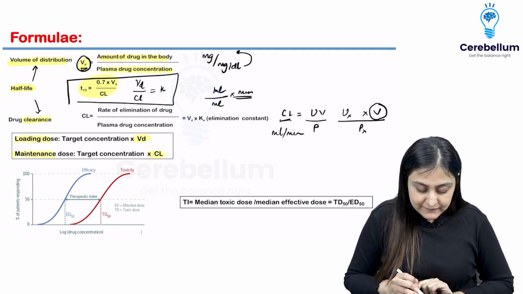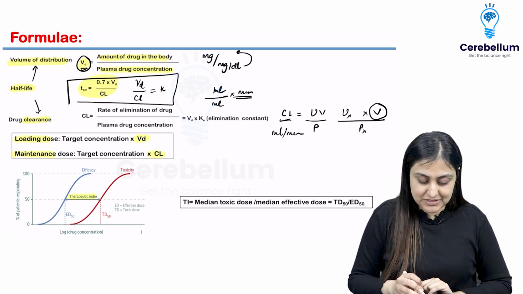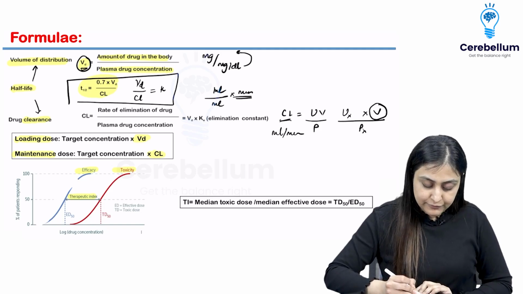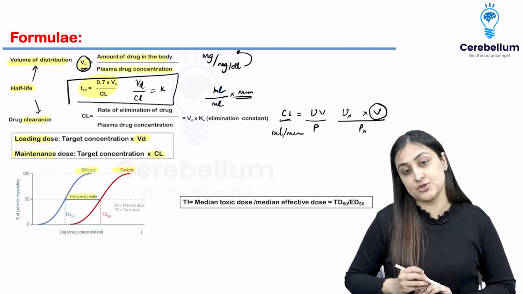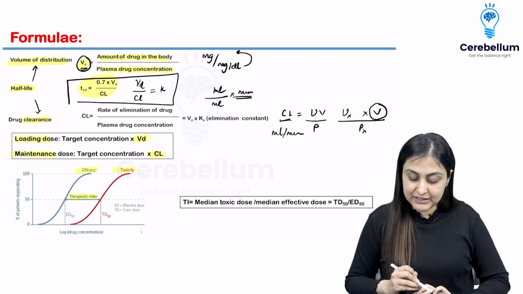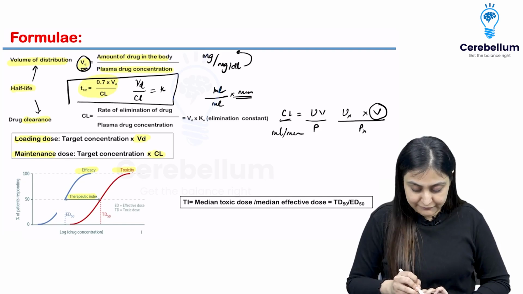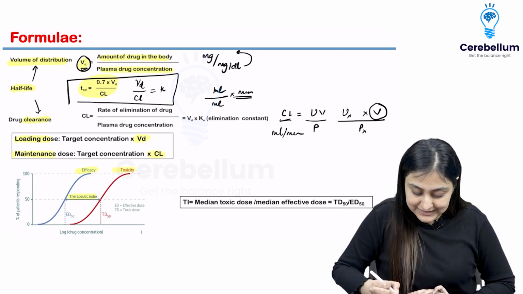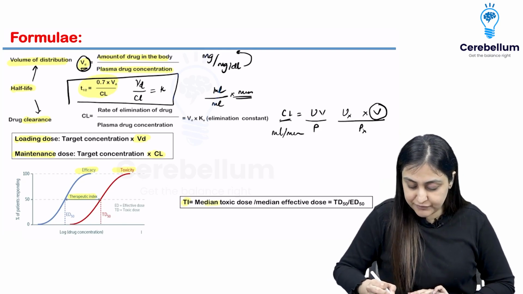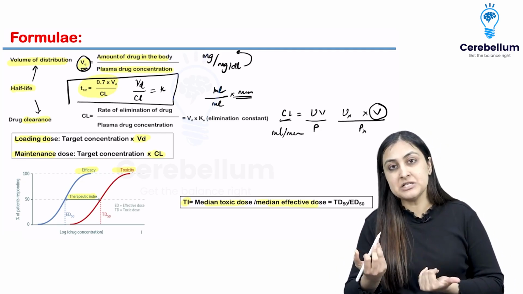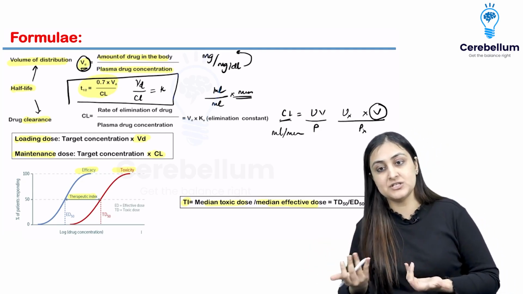Then we have this therapeutic index concept. What is the difference between the dose where it is fully efficacious and when it starts to get toxic? For this we have the ED50 and the TD50, which is the median efficacy dose and median toxic dose. So the therapeutic index is basically the ratio of the TD50 upon the ED50. In case of animal studies, it would be lethal dose. So it's the same thing.